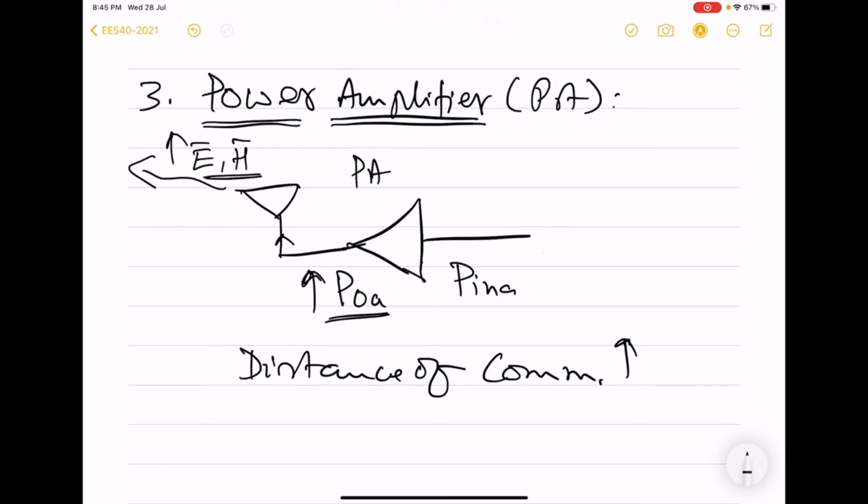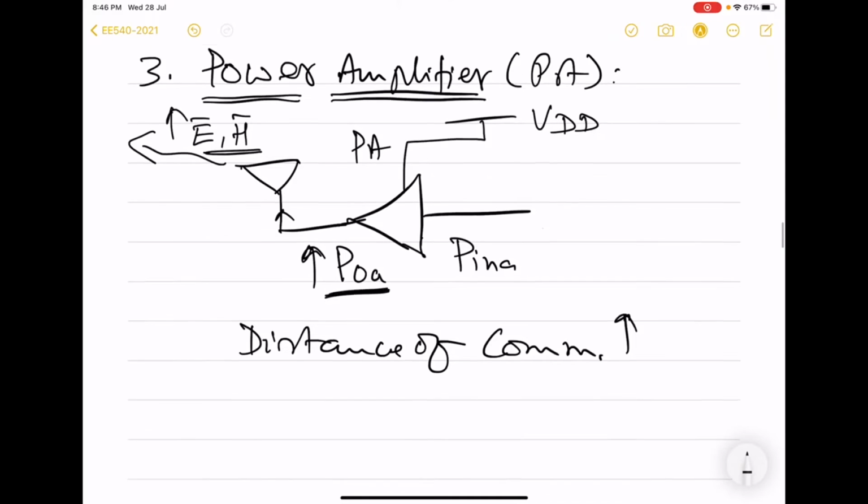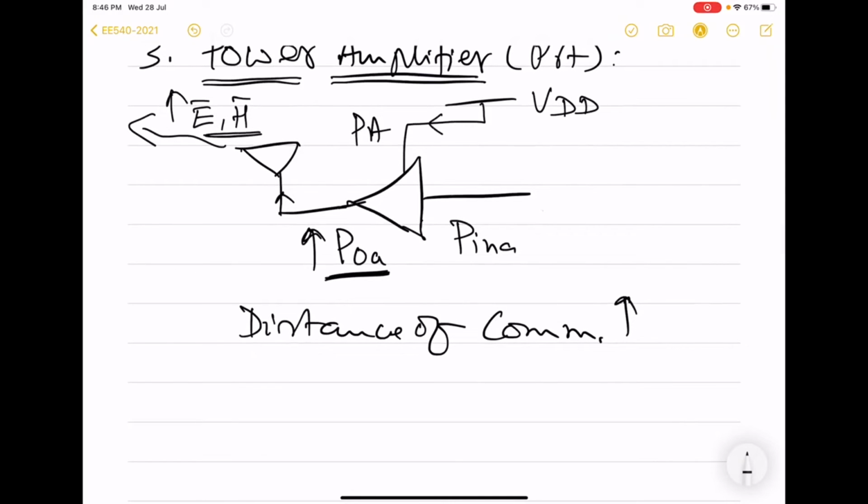So this power amplifier has to produce a lot of output power, and it does this by drawing input power from the supply. So for handheld device, it is going to be a DC supply. So it takes a significant amount of input power from the supply and produces a lot of output power to be fed to the antenna.